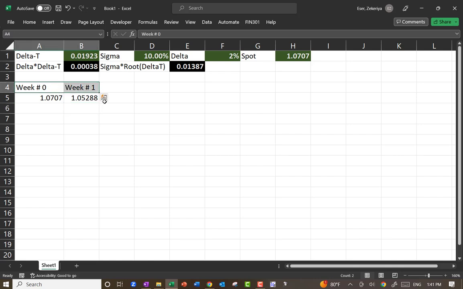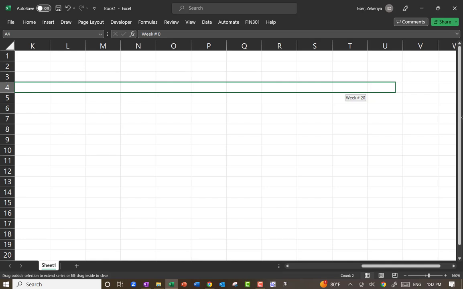For the purpose of this exercise, I'm going to do this for 5 years, which means 52 times 5, which is 260. As I drag, I can see where it's going to stop.